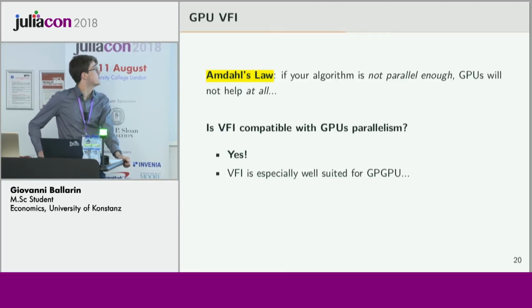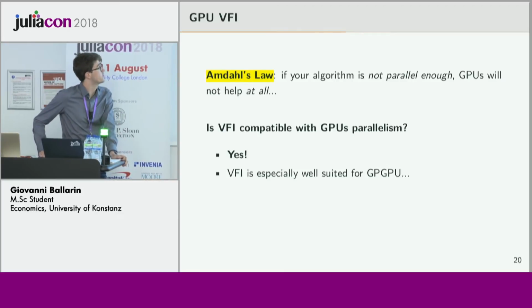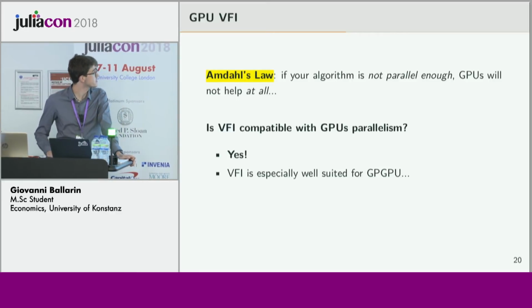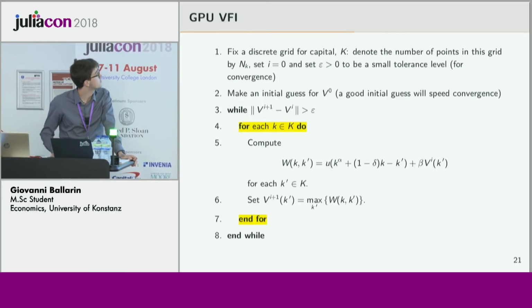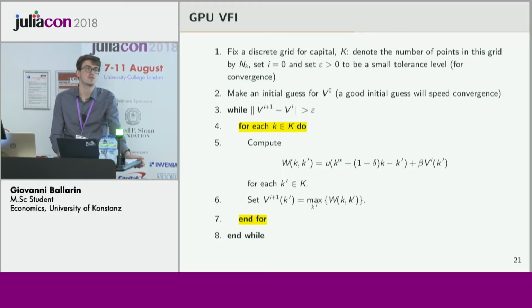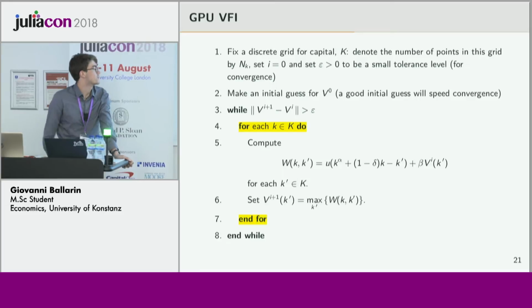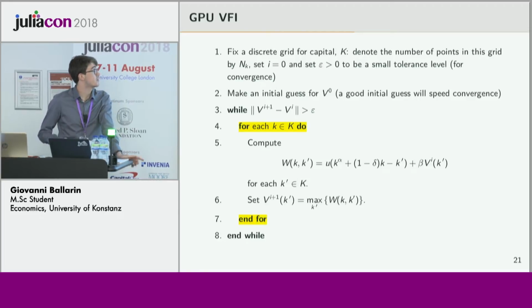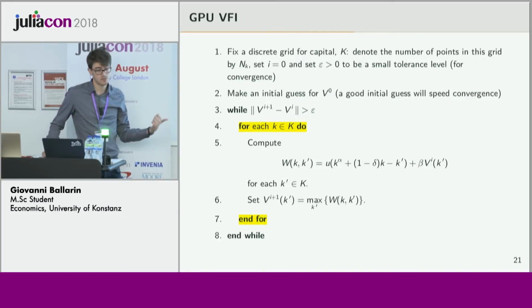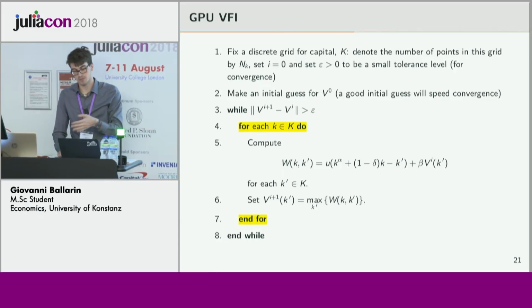So of course, VFI is compatible with GPUs, and yes, it works. It's especially well suited, because if we go back, we can see that we are doing the same thing identically. The same problem is run identically for every combination of points. Specifically in this case, for every point on the capital grid, we're doing the same optimization.